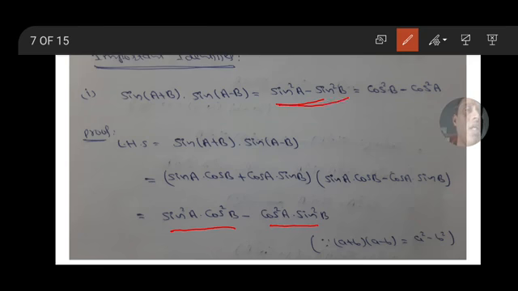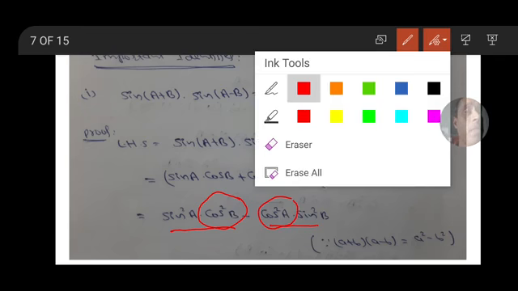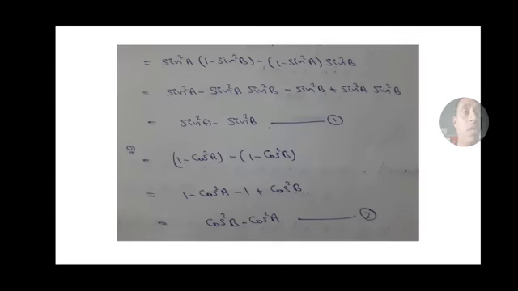So we have to get this result, meaning the answer should be in terms of sin only. So we have to convert cos square b and cos square a into sin terms.